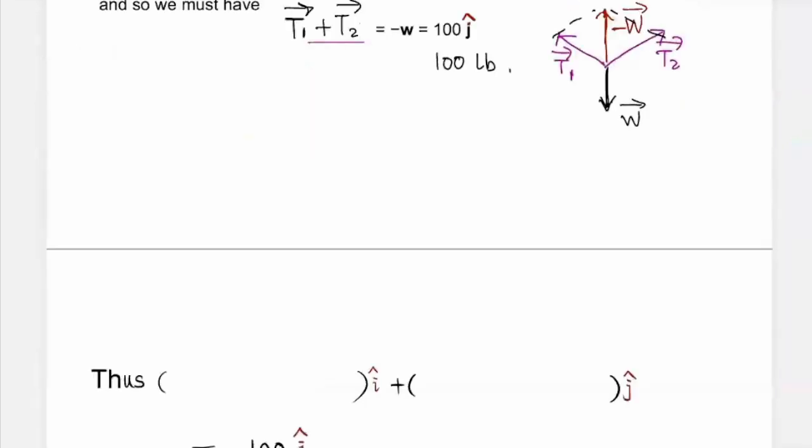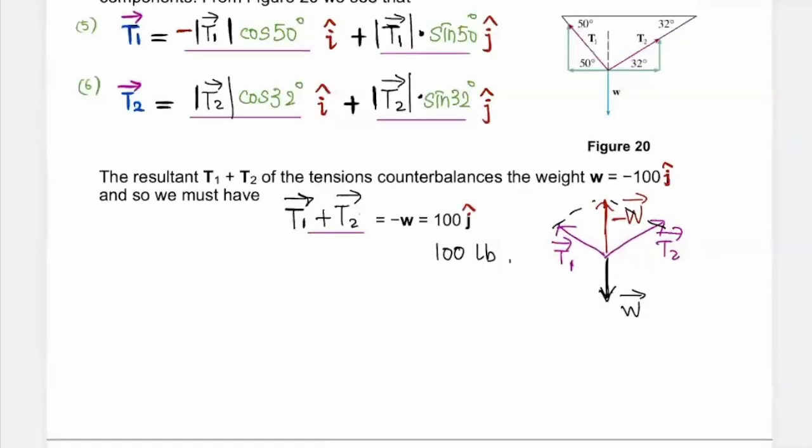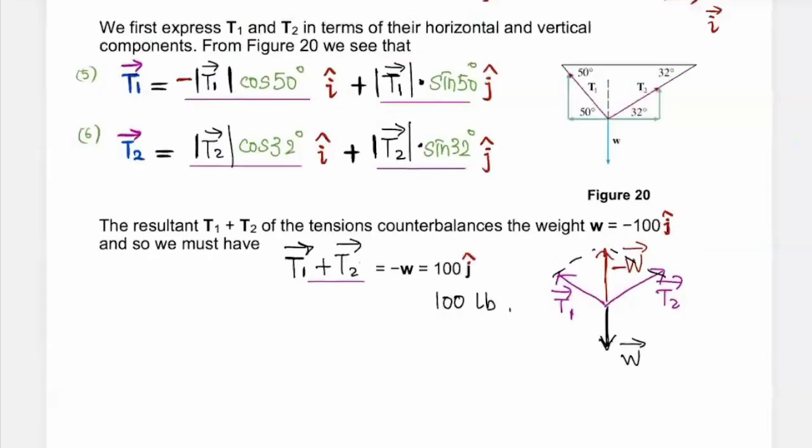So why is it J? The weight over here is 100 pounds, and since it's going down, this one here is negative 100J. Remember, J is pointing up. Remember I, J, K?